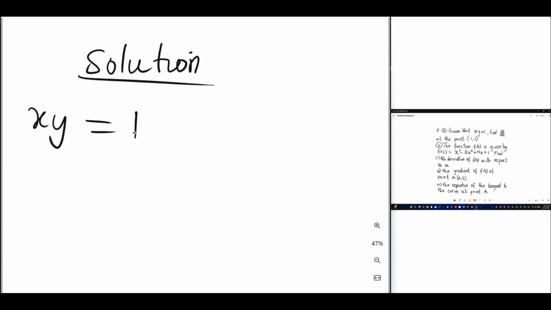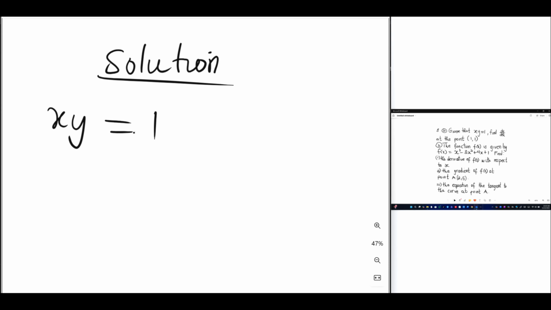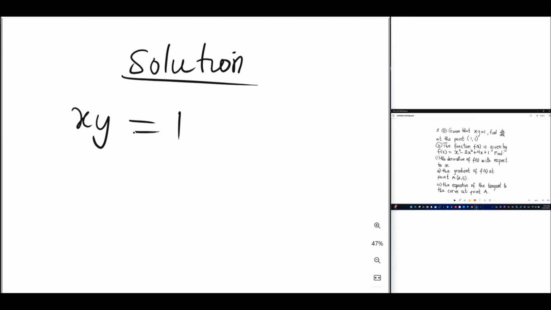Now you can see that on the left hand side of the equation we have x multiplying y. So we can apply the product rule, where you differentiate your u and multiply it by v, plus you maintain your u and multiply it by the derivative of v, which is v prime.